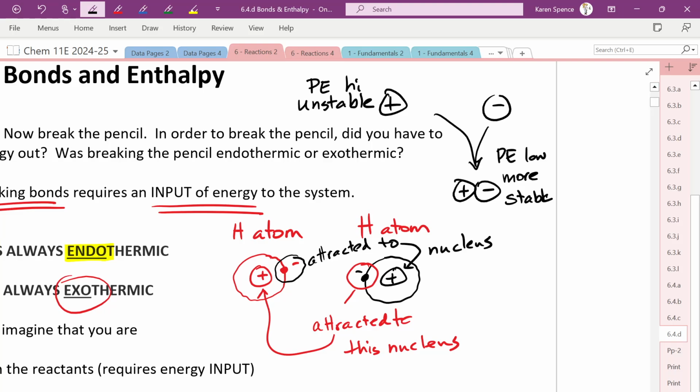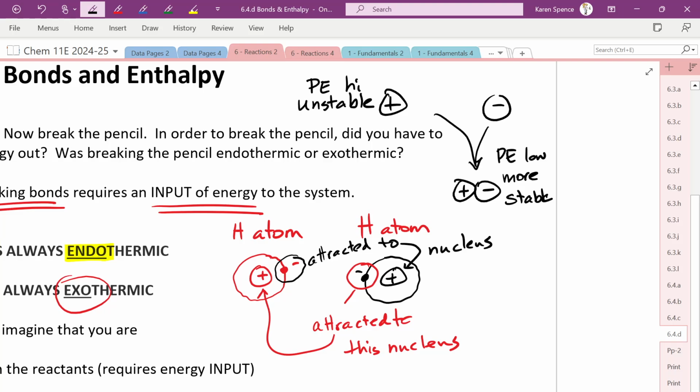And they go from being unstable to being stable. They go from high potential to low potential. And if you go from high potential to low potential, is that endothermic or exothermic? High potential to low potential. That is exothermic. Okay?